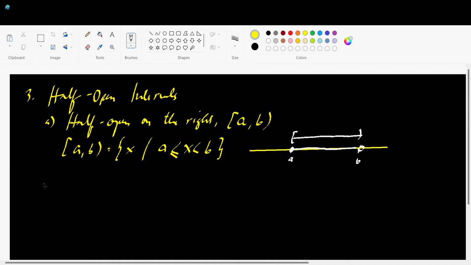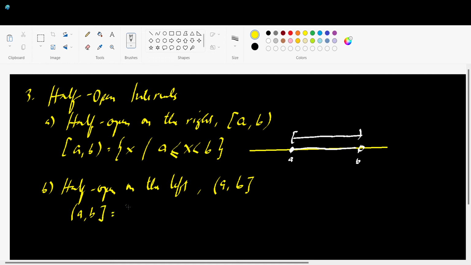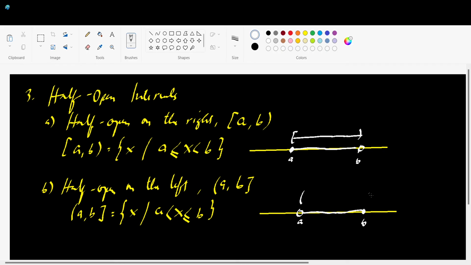Next, half open on the left. So it must be open at a but closed at b. It is the set of all x's such that x is still between a and b, including the right endpoint. So we illustrate. Open at a but closed at b. Open parenthesis, close bracket, and all points in between.